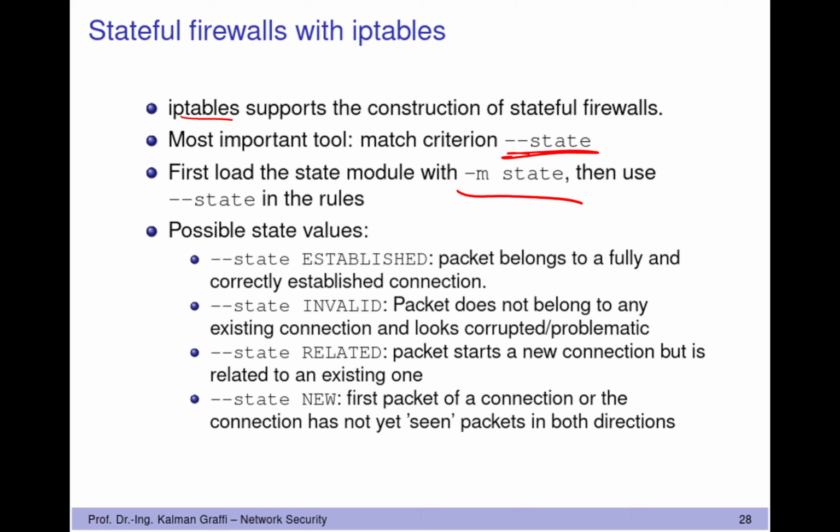There are some predefined elements. iptables automatically looks into the traffic and keeps track of which connections are already established. So you can say if the state is new, then act differently; if the state is related, then this is an answer coming in. So the current packet is an answer.